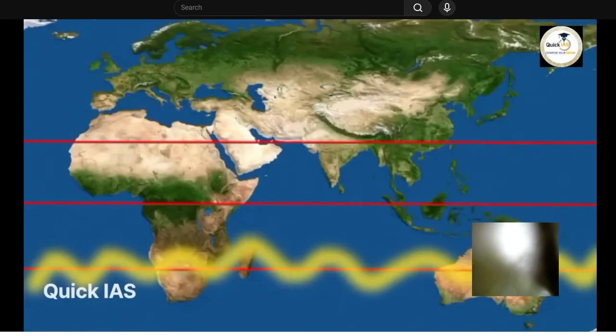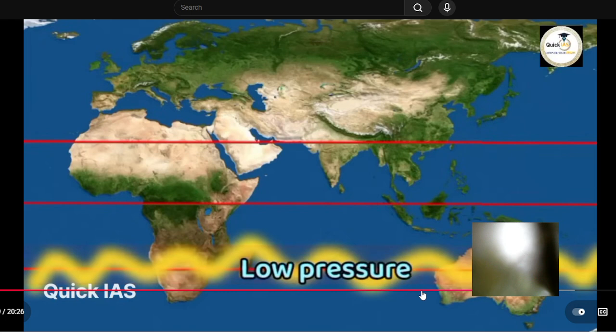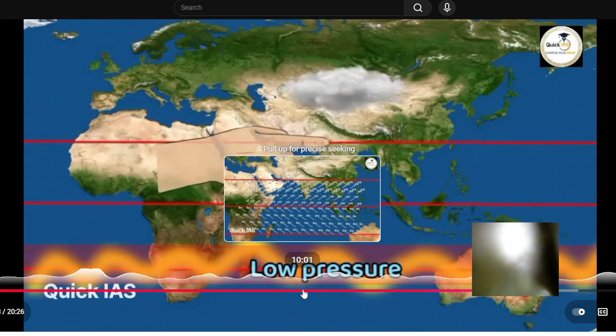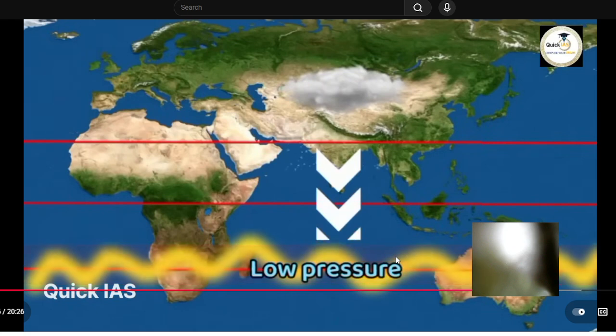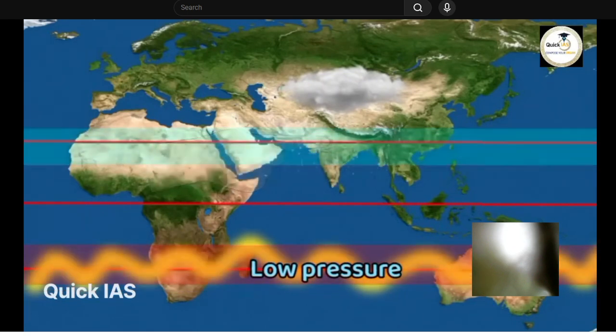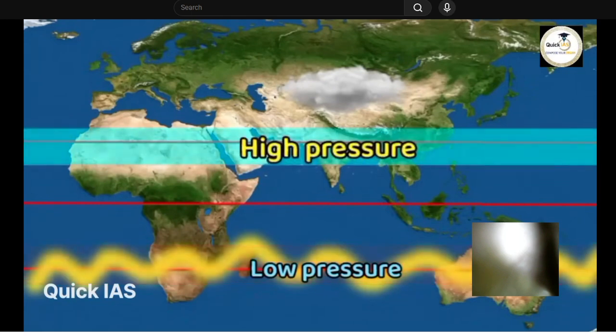In winter, the ITC route, i.e., the hot belt, is near the Tropic of Capricorn, so temperatures near the Tropic of Capricorn are high. In comparison, due to continuous rainfall in India and the ITC route being far away, the temperature here is very low, thus creating a high-pressure area.